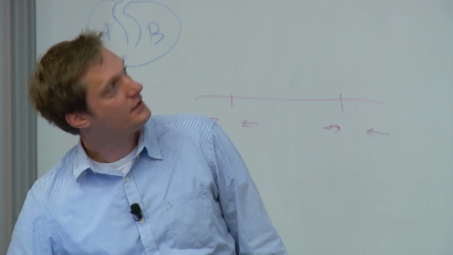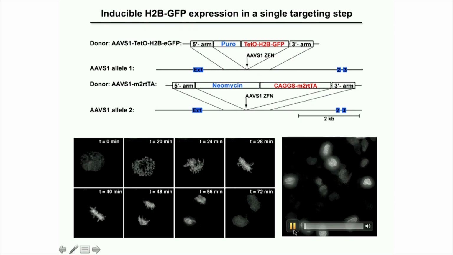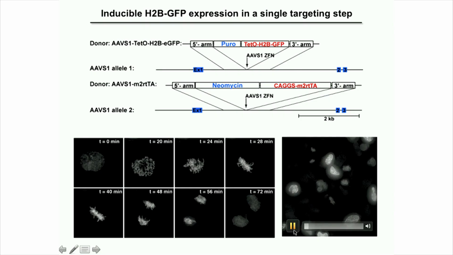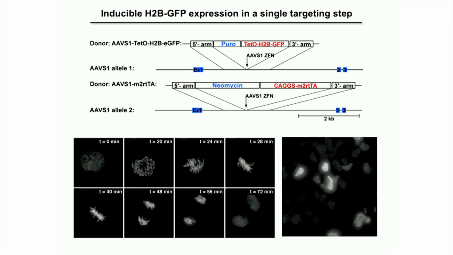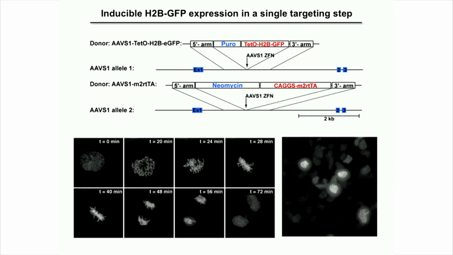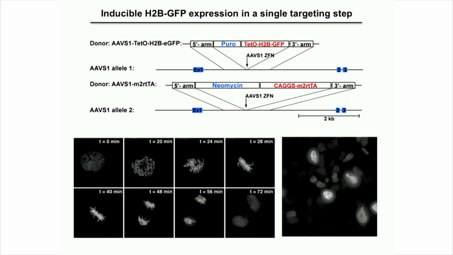And if you do that in a human ES cell, you get human ES cells undergoing mitosis in real life, and you can visualize that under live cell imaging. This is a human ES cell colony where every now and then you see a cell dividing, and these are still images.